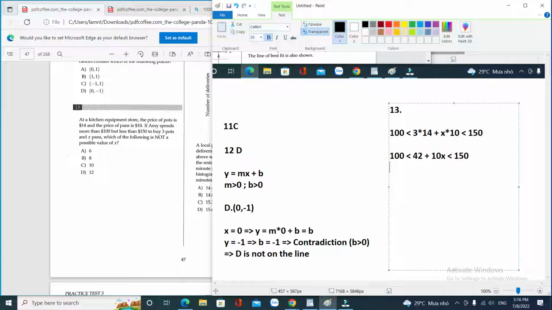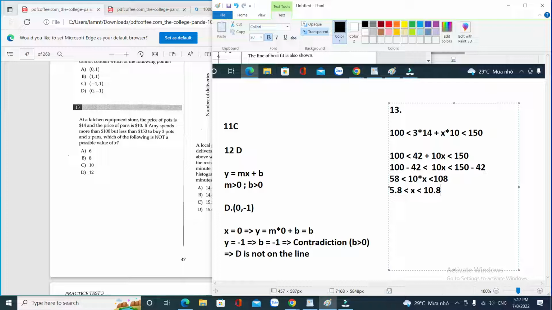We're going to subtract the constant from all parts. So 100 minus 42 on the left, and 150 minus 42 on the right. That gives 58 less than 10x, which is less than 108. Dividing both sides by 10, we get 5.8 less than x, which is less than 10.8.